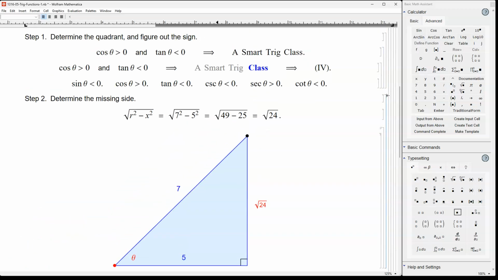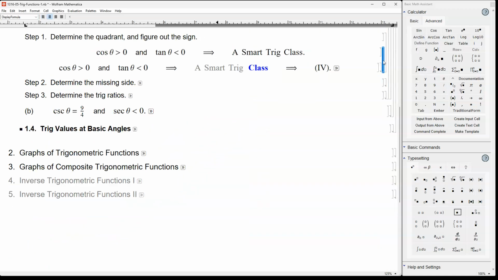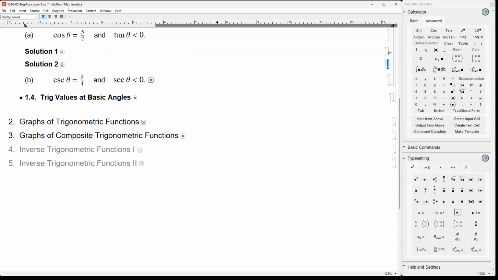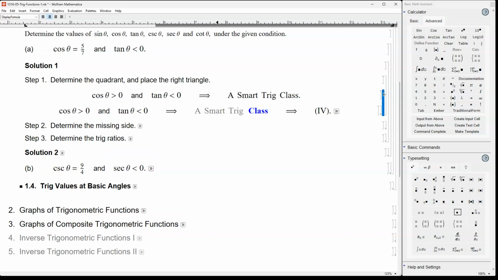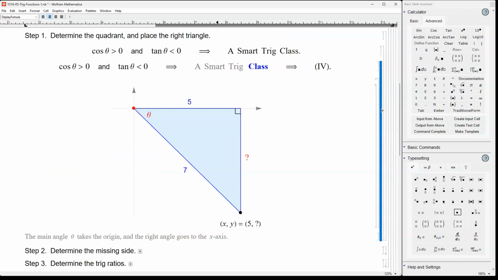Now, the first solution, which I prefer as a matter of fact, is based upon the first method: you get the quadrant first so that you can draw the triangle on that quadrant. And then after that, you figure out the missing side using Pythagorean.